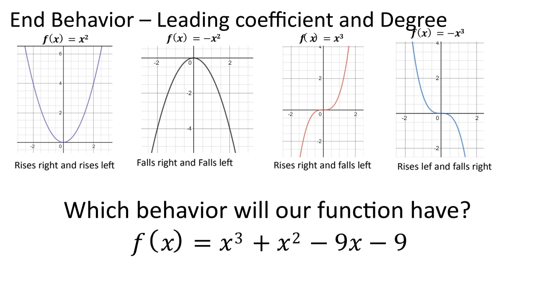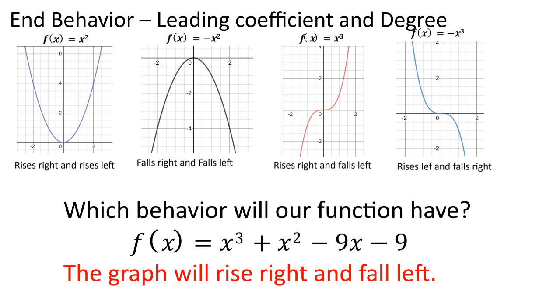That's going to tell me the behavior of my graph. For this one, my leading coefficient is 1, and my degree is 3. So we have a positive and odd function, which means that it's going to rise to the right and fall to the left.